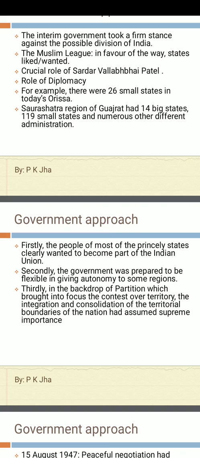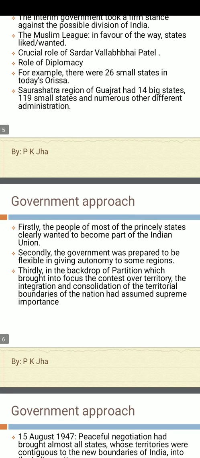No, we want them to join with us, seeing the positive aspects. What one will get by being part of India, you can never enjoy by remaining outside the periphery of Indian territory.